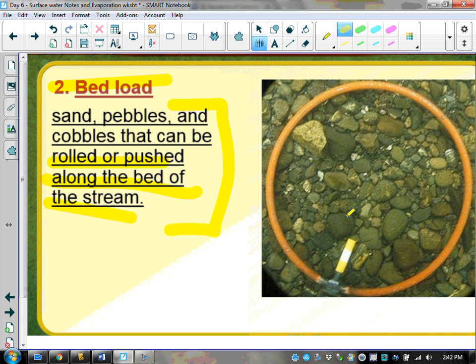That's when we actually get into hydrology, an actual field of study, and it gets really particular. Is the rock rolling? Did the rock just get flipped over in the water? It counts as a bed load if anything is moved at all at the bottom of the river. Anything that's being rolled or pushed along the bottom.